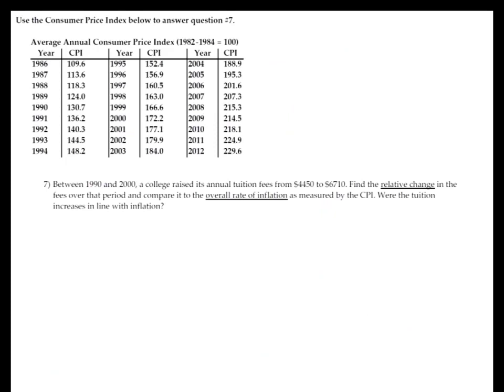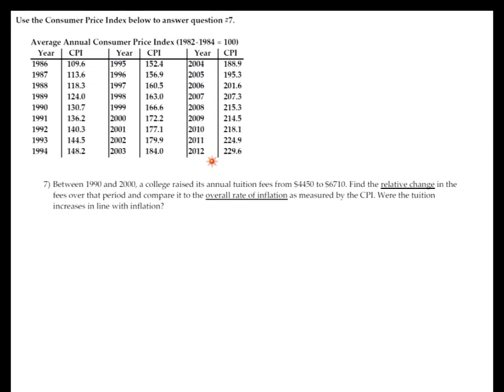Okay, so lastly, we're going to wrap up this online session with problem 7. We're also told to use the Consumer Price Index, but here we have a table of the average annual Consumer Price Index from 1986 to 2012.